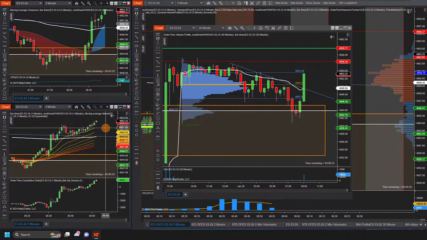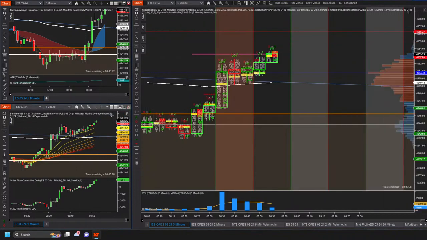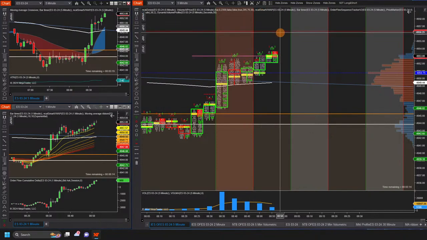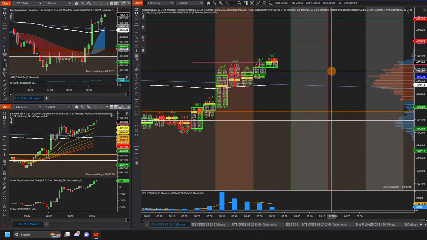Price and Delta still correlated, still moving in the same direction. So my guess, we're going to come to prior day high, poke through, sweep, maybe get a nice pullback.